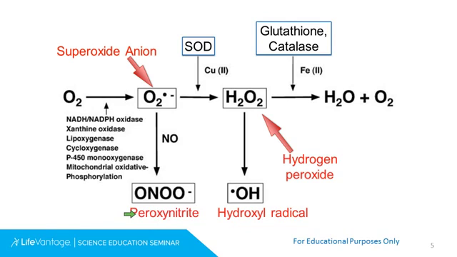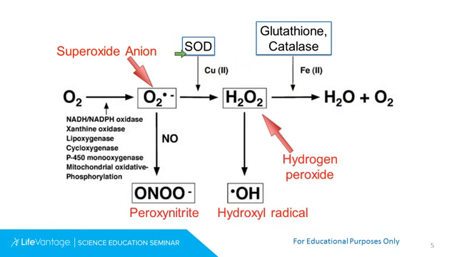And they're the ones that if they build up in significant quantities will cause more and more damage to your cells. Now, there are certain things that catalyze these different reactions so that you can get to the inert substances at the end, the water and the oxygen. And those things happen to be superoxide dismutase, or SOD, glutathione, and catalase.